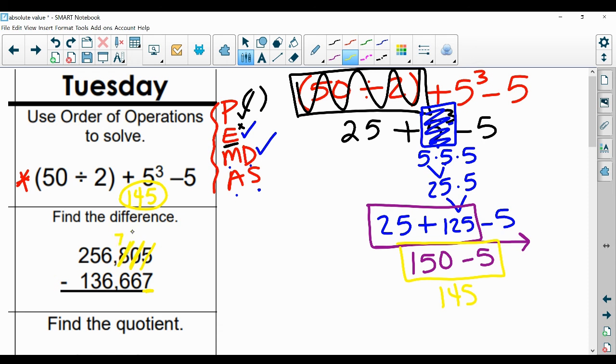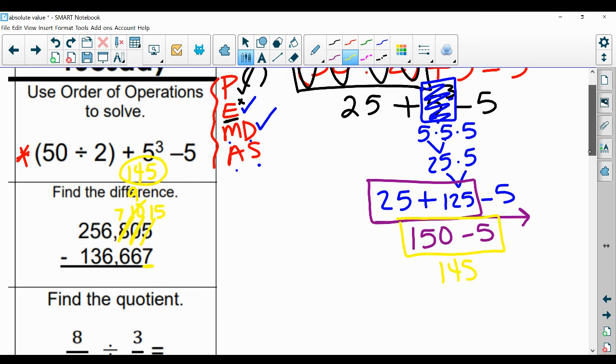He's going to become a 7. Now he's got some money. He's going to lend them $1. Okay, so now he's got 9. And he's going to change that dollar into 10 dimes. So 10 plus 5 is 15. Now I can subtract 15 minus 7. And you should be able to subtract through all of that.